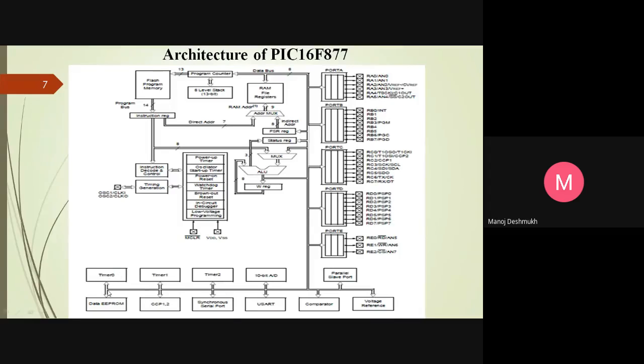So all peripherals are there. That is timers, ADC, the parallel slave port PSP module, as it is included in port D, parallel slave port. Okay. Reference voltage for the comparator. So the comparator and voltage reference are there. Communication, it is again USART, I2C, SPI is there, EEPROM.